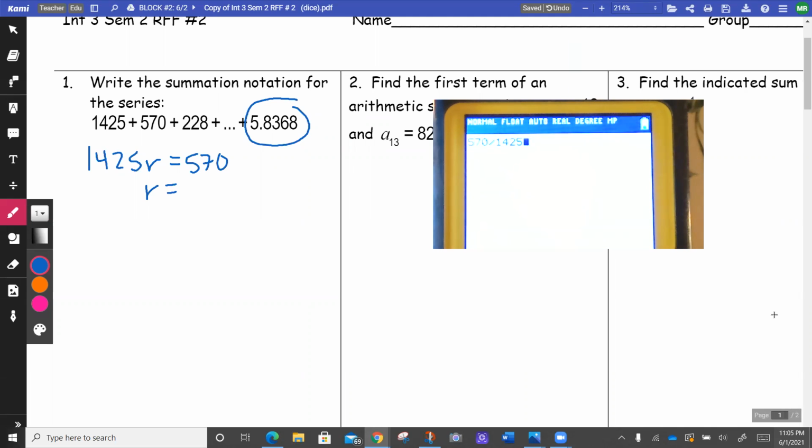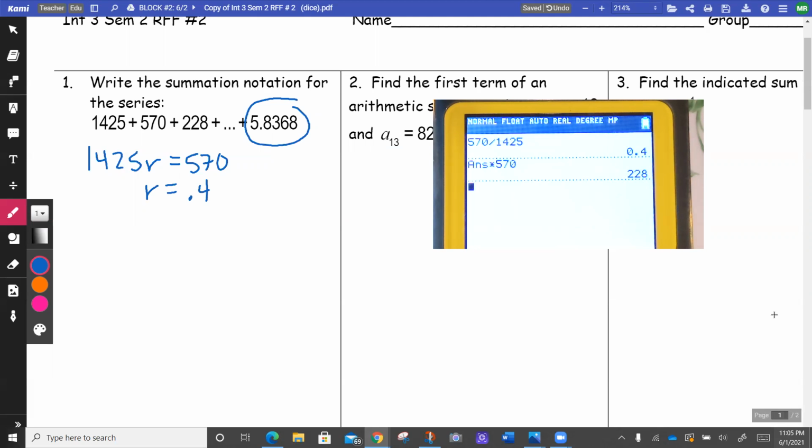It's a little more focused. And I end up with 0.4. Let's make sure that that works. So let me take that times 570 and hope I get 228.